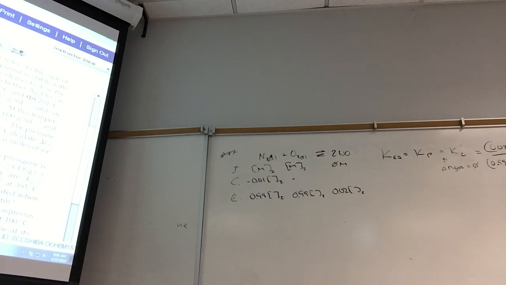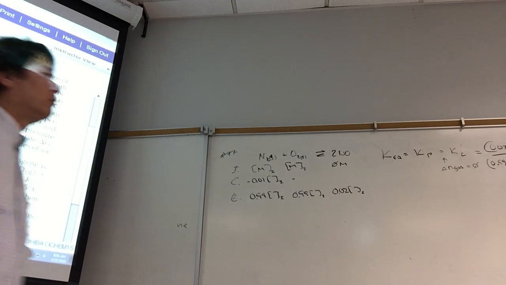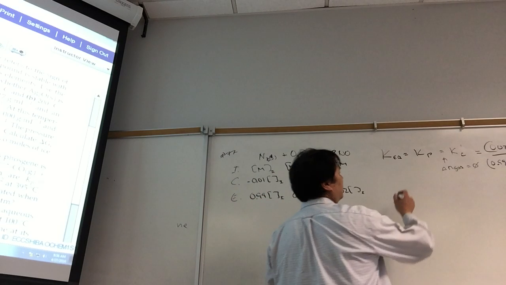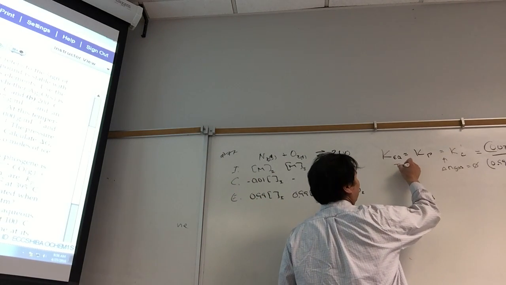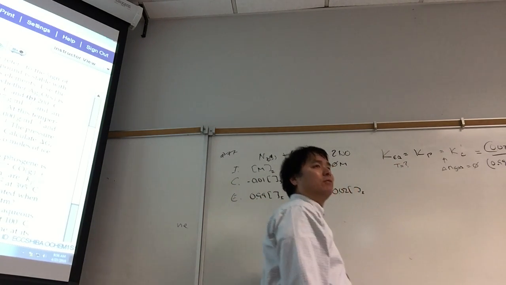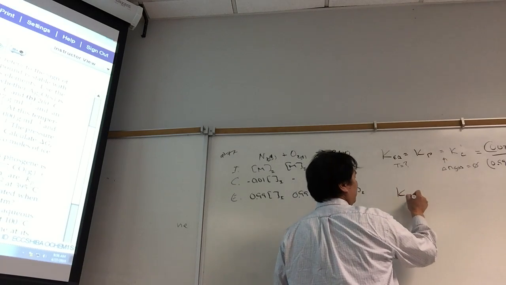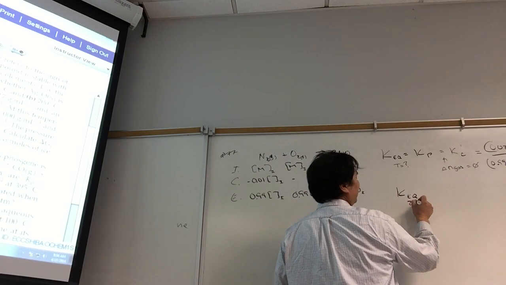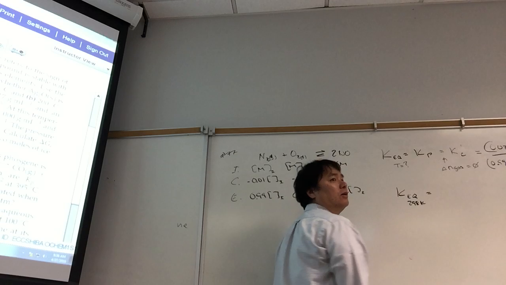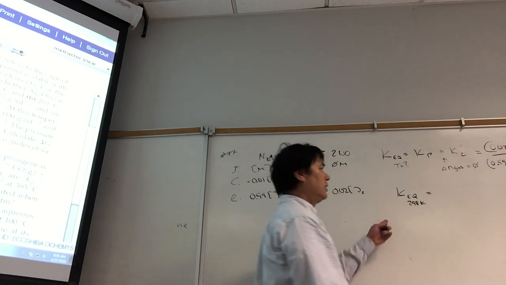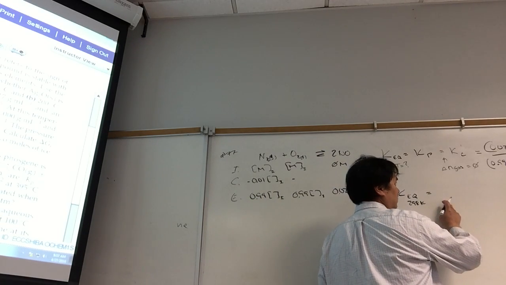And so all we need to do in this particular problem is put it in. But it says use data from appendix D too. Well, what temperature am I going to use? Let's calculate KEQ at 298 Kelvin.